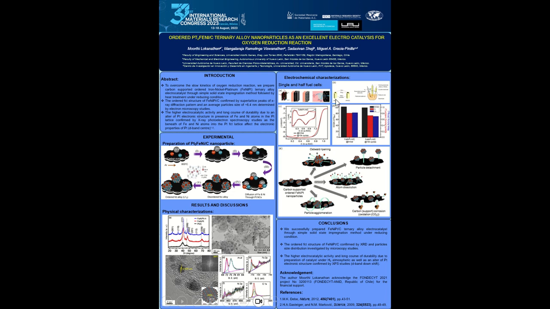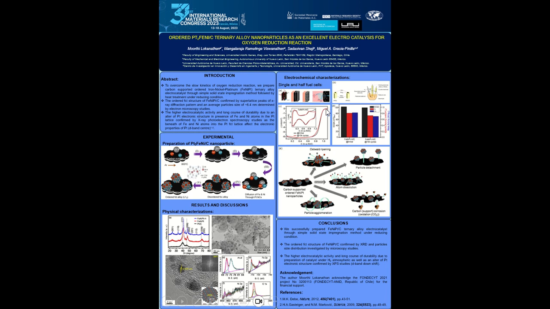We are using two types of modified electrode: one is the rotating ring disc electrode and the other is the rotating disc electrode. From this we measure the cyclic voltammetry. From the cyclic voltammetry, in the hydrogen desorption or adsorption region, we calculate the area under the curve. This corresponds to the electrochemically active surface area.